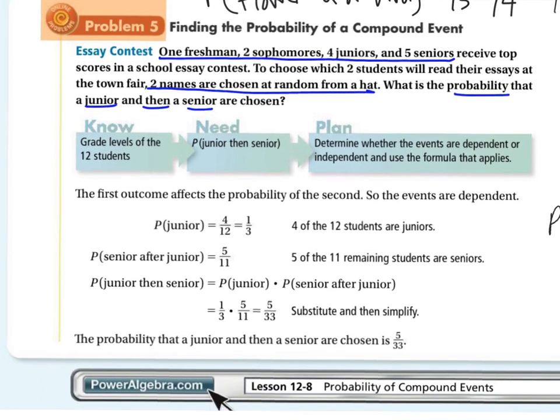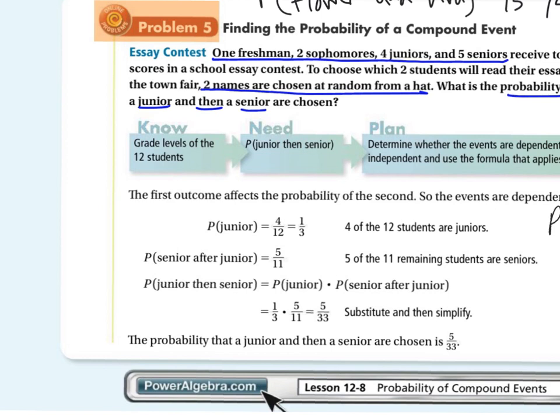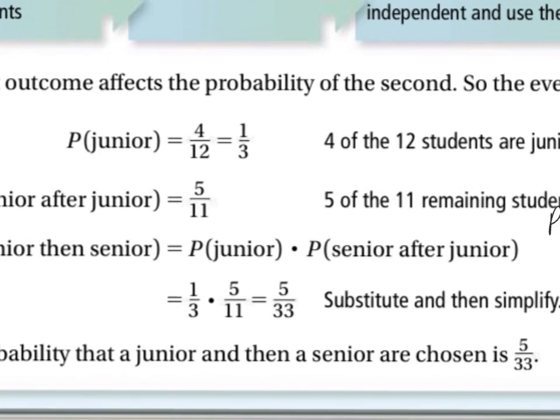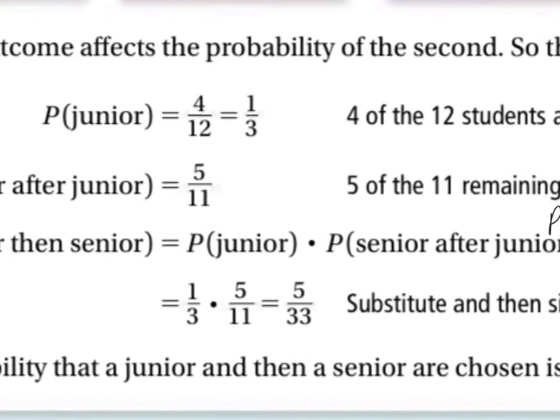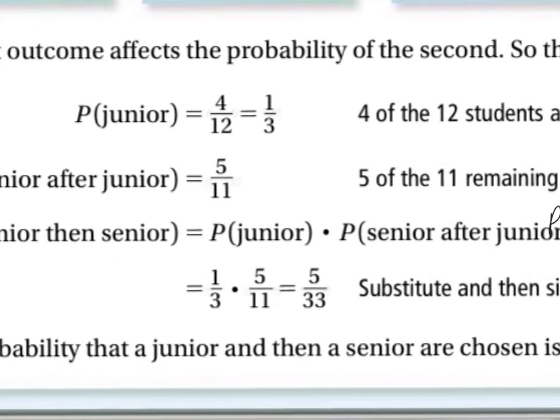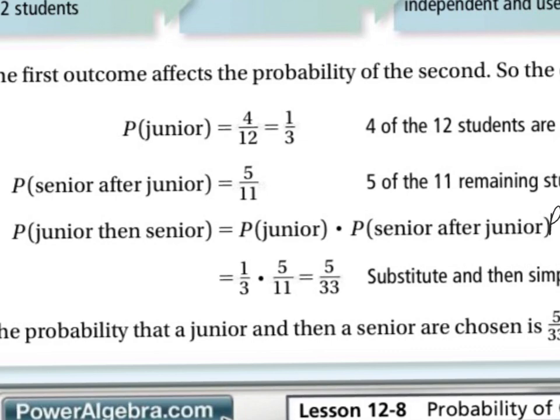Okay, so the junior, first of all, we would want to look all together. So we had 1 freshman, 2 sophomores, 4 juniors, and 5 seniors. So if you add that together, that's 12. So we have 12 students. So we want to pick a junior and then a senior, see what would happen with that. So junior, there were 4 juniors out of 12, and that reduces to 1/3.